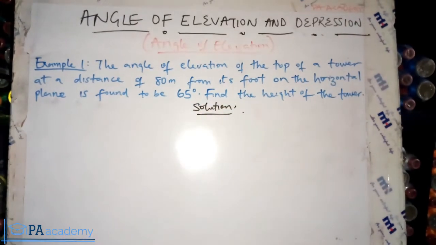Before we start solving this, when we are dealing with questions under angle of elevation and depression, knowledge of triangles and then trigonometry of triangles will be very important and very helpful.